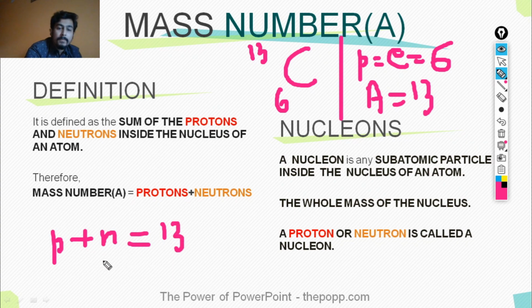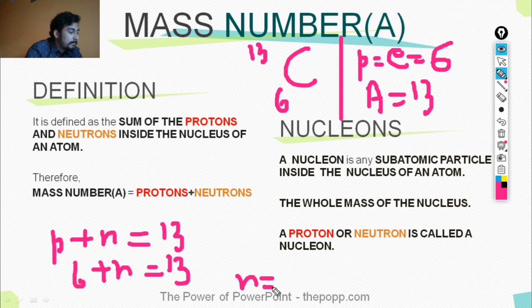We know protons are 6, so 6 plus n equals 13. Therefore, neutrons equals 7. It's too easy, trust me.